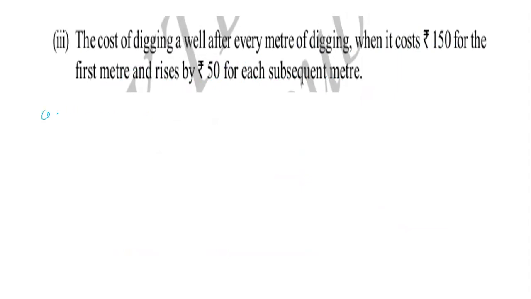First meter, first term A, this is 150. Next meter, A plus D, second term A2, 150 plus 50 rupees, this is 200.